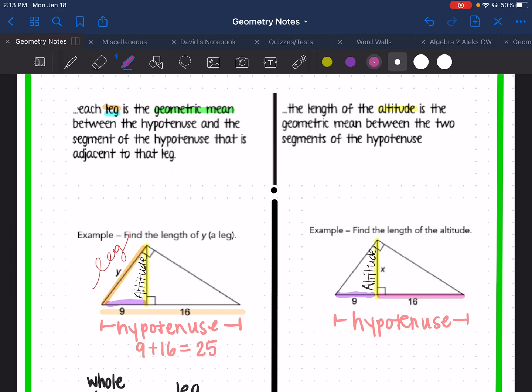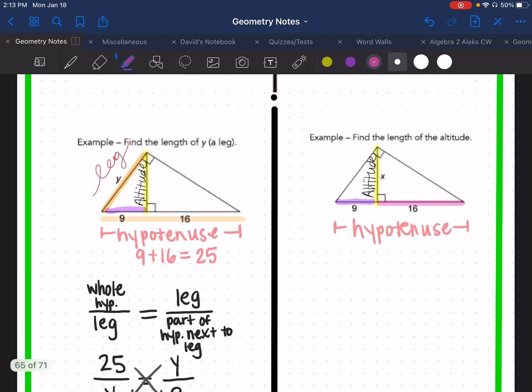So I'm going to use those numbers just as they are. My geometric mean that I set up is going to be my altitude. So it's going to go top and bottom, numerator, denominator.